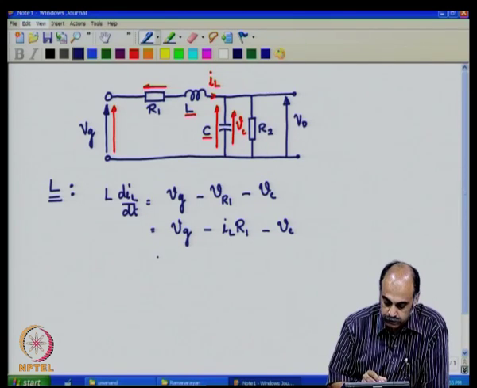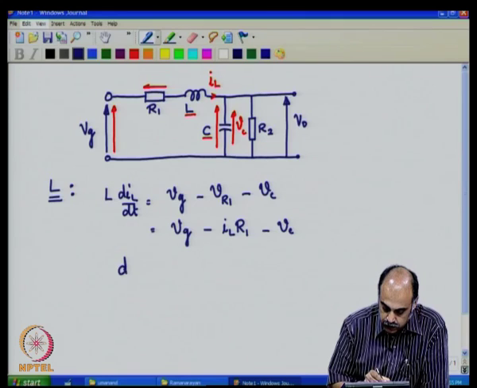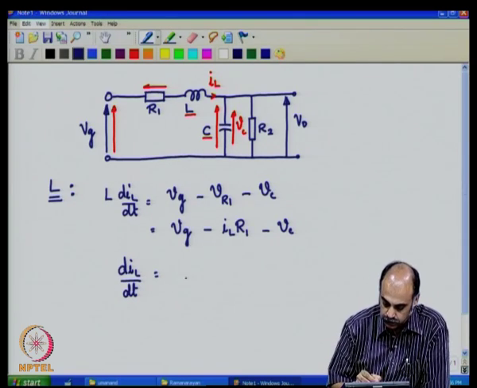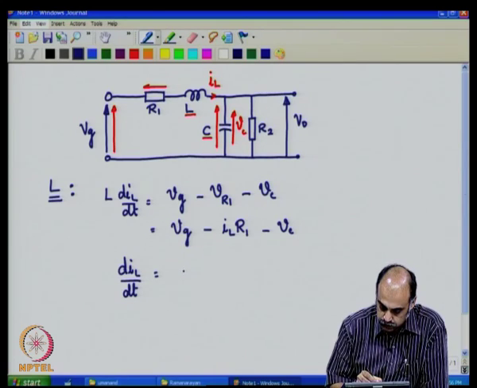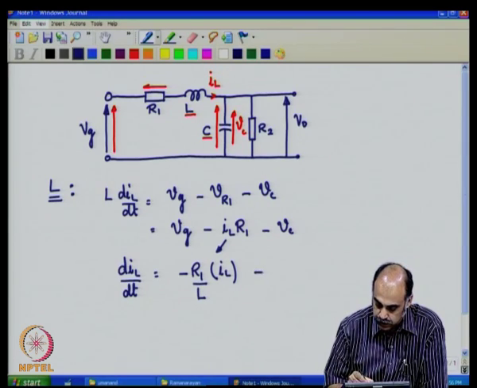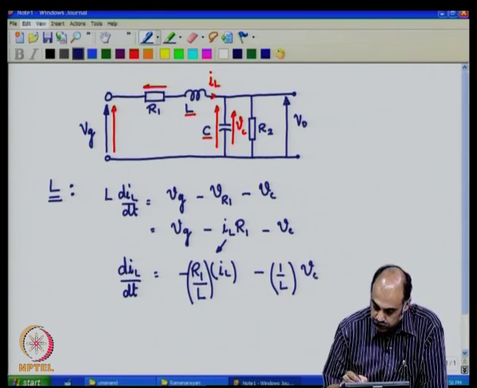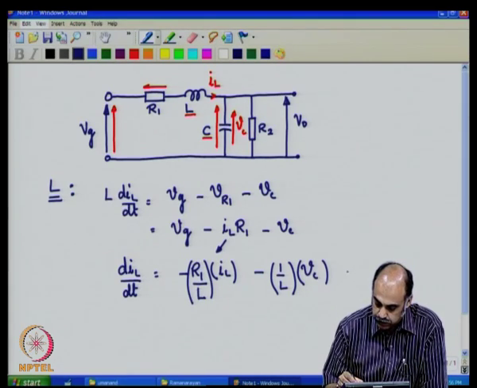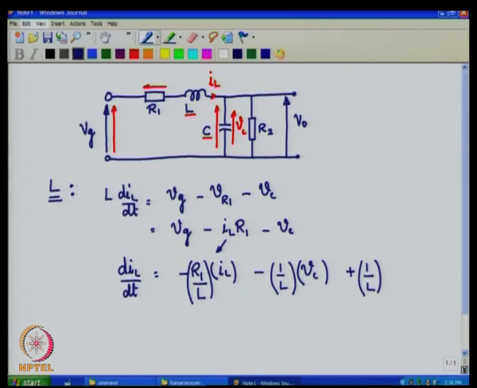So, therefore, segregating, you have dIL by dt, which is equal to minus R1 into IL divided by L, minus 1 by L into Vc, plus 1 by L into Vg, where we have segregated into two distinct parts.